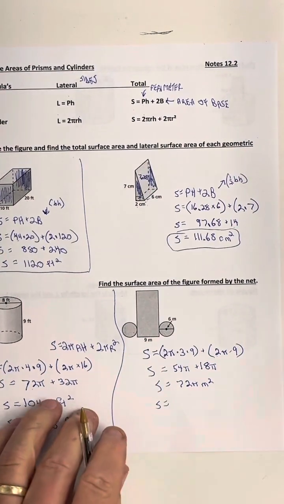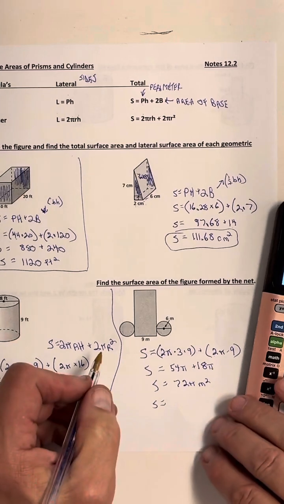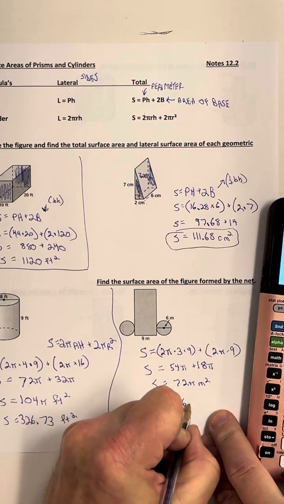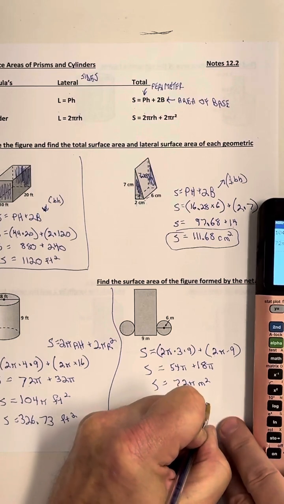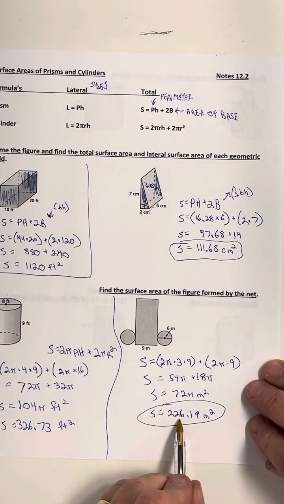As a decimal, 72 pi is 226.19 meters squared. So this is the total surface area in terms of pi and as a decimal.